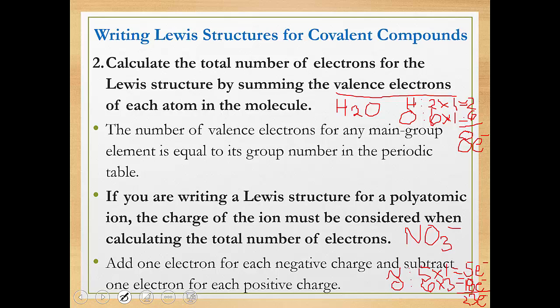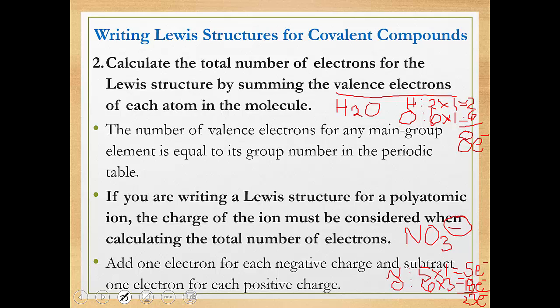Okay, now here's a clue. If you ever end up with an odd number of valence electrons, that's probably telling you that either A, you did your math wrong, or B, it's an ion and you're missing an extra charge. You can have things that have an odd number of valence electrons, but generally speaking, you should end up with an even number of valence electrons. So in this case, I had the 23, but now here's one more.